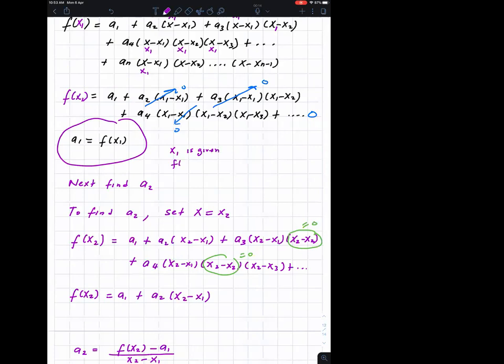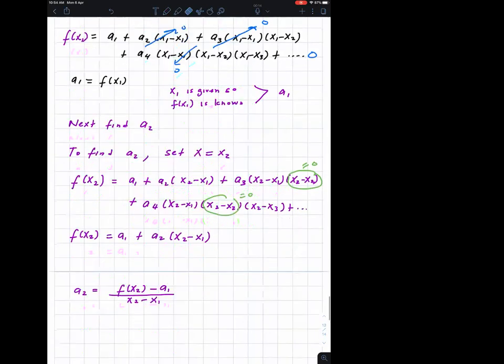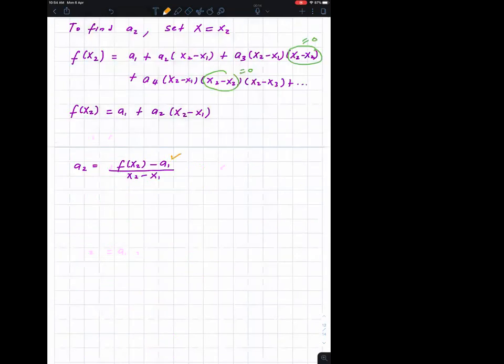So fx1 is known, and therefore you can find A1. So from the second equation, A1 can be found before. Similarly, you can find fx2. If x1, x2, all this is given, therefore you should be able to find A2.